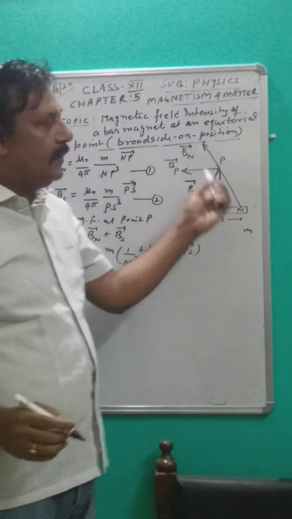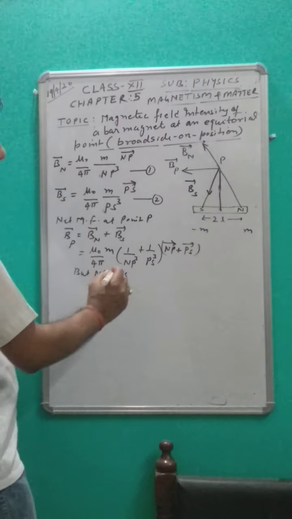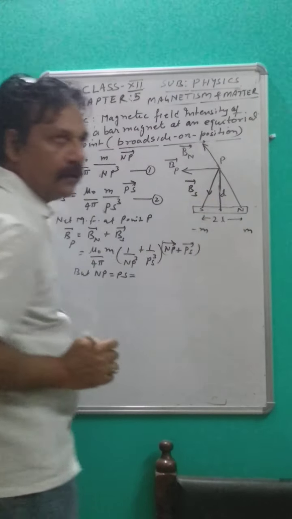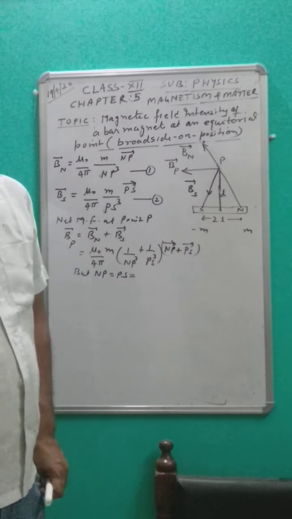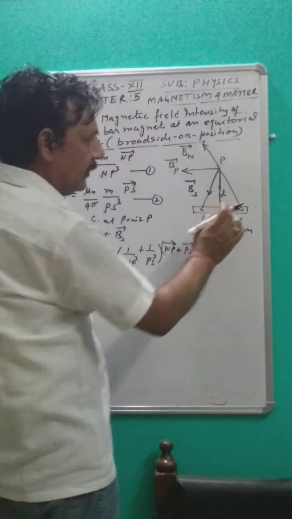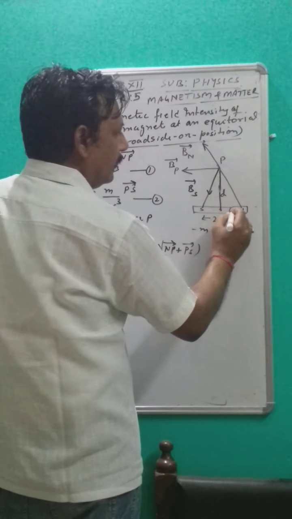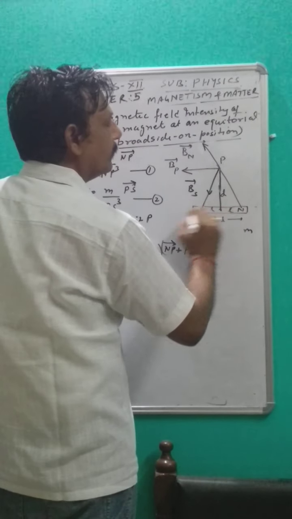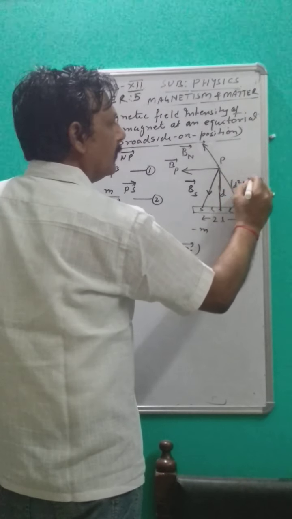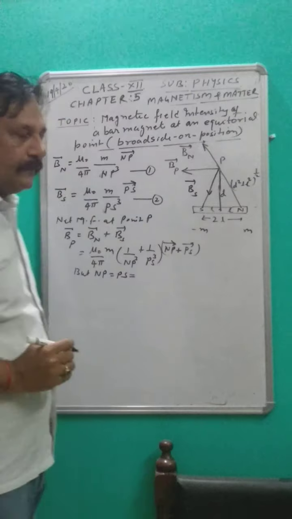But NP is equal to PS due to symmetry. Suppose d is the distance of point P from the axis of the magnet. 2l is the magnetic length, so half will be l. So NP is equal to d square plus l square whole to the power 1 by 2.